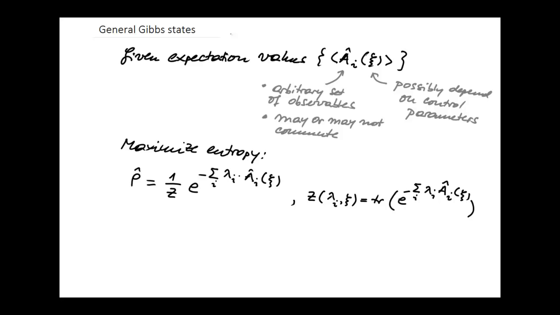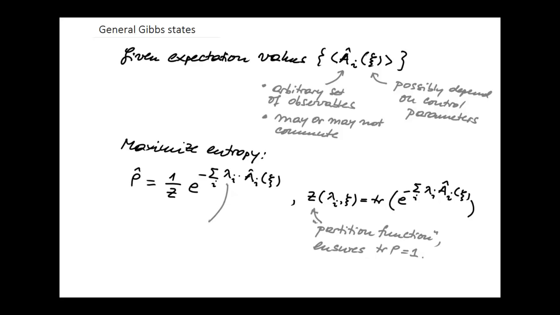Now this Z will appear over and over again. It's a very fundamental object in statistical mechanics. This is called the partition function. And it ensures, as I said, that the trace of rho is equal to 1.